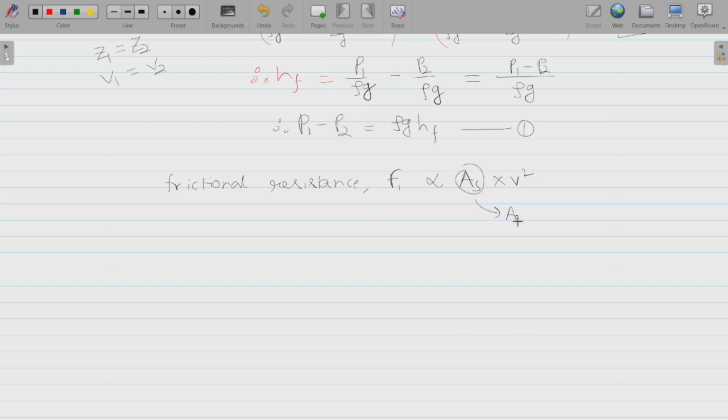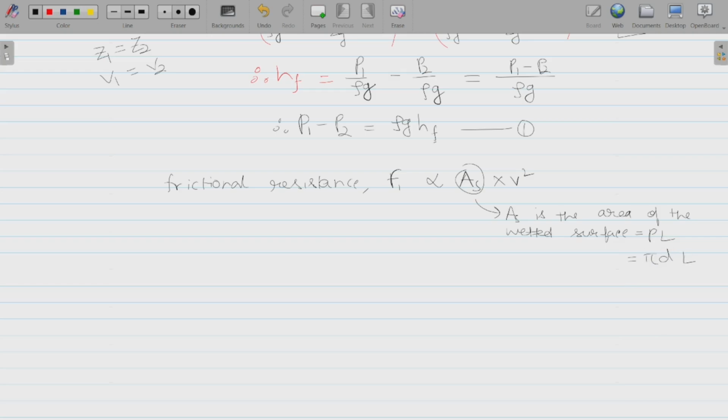This AS is the area of the wetted surface, which is only the perimeter times length. So this is P into L. I'm explaining it, no worries.